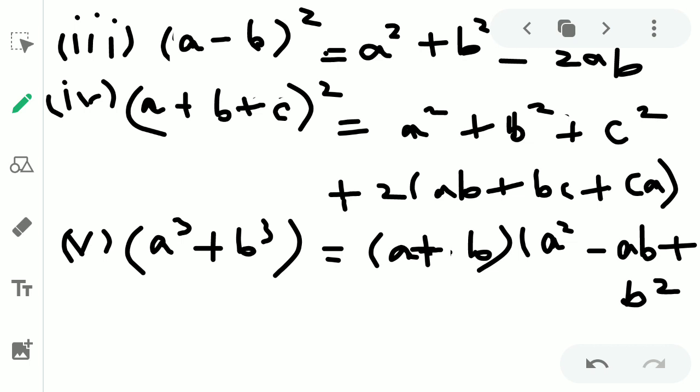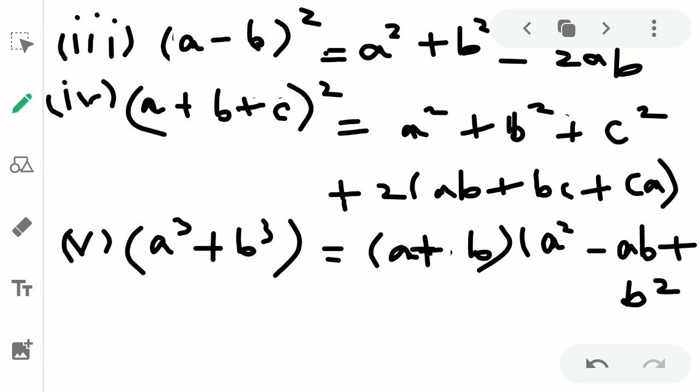Next, third formula, a minus b the whole square equals a square plus b square minus 2ab, and a plus b plus c the whole square equals a square plus b square plus c square plus 2 times of ab plus bc plus ca.